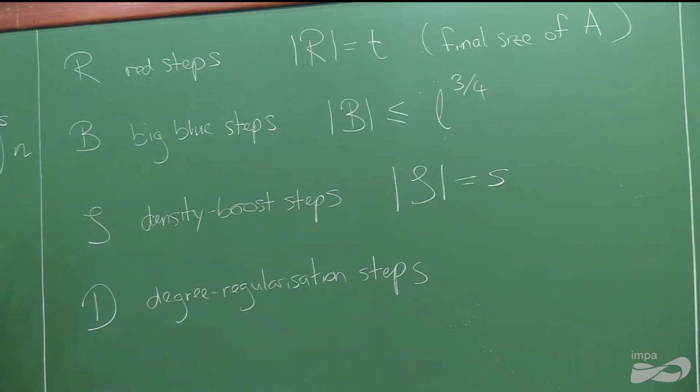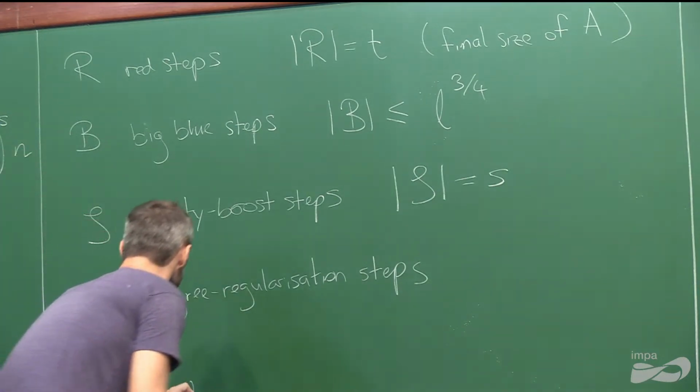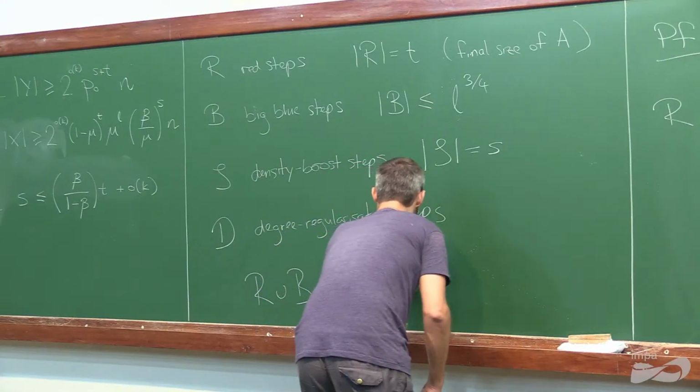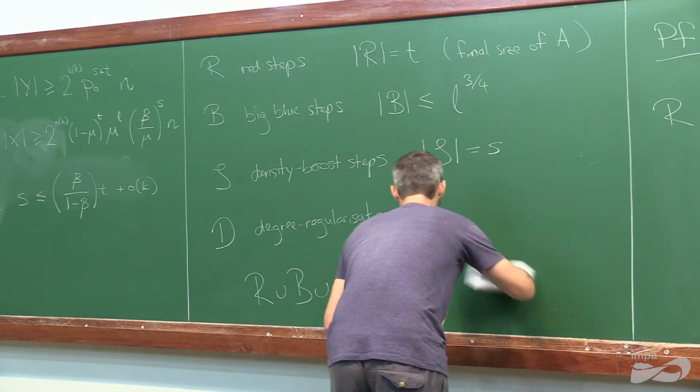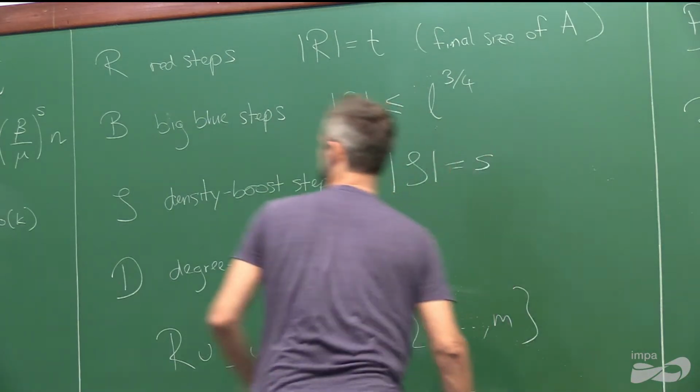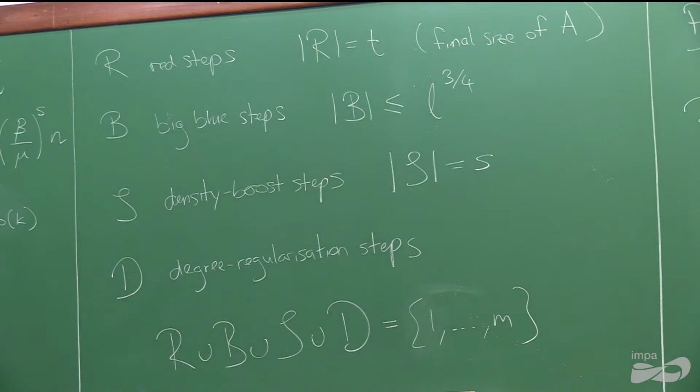Basically, the red steps are indexed by some numbers. So let's say that R union B union S union D is 1 up to 2m. Okay, so these are the indices of the steps. Step 1 is in D. Step 2 is in one of the others.